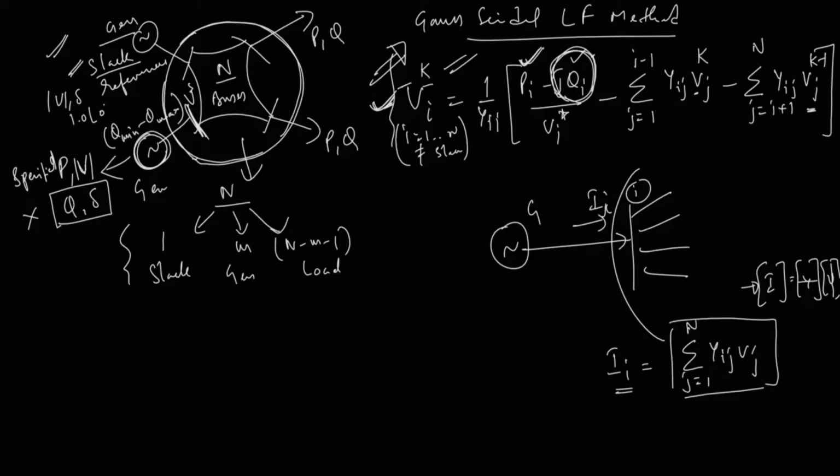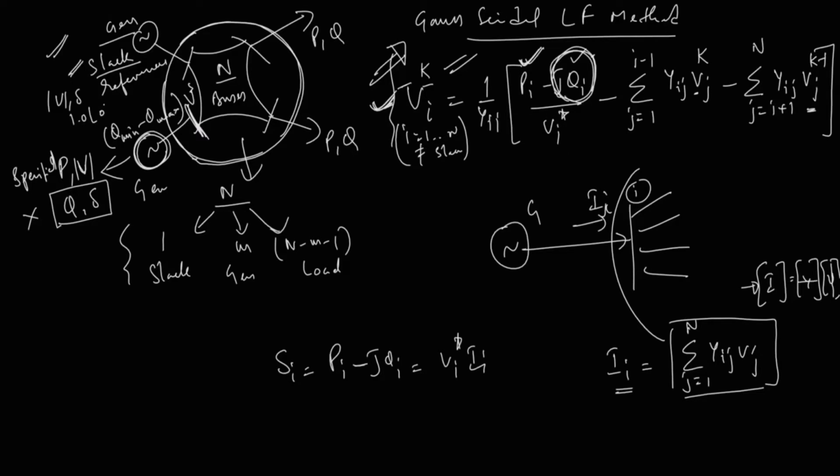Now if I multiply this, what is the complex power? Complex power S_i is equal to P_i minus jQ_i, which is equal to V_i conjugate I_i.